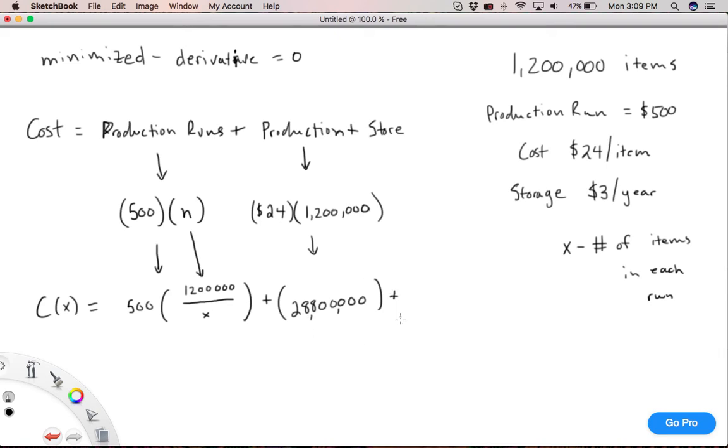And then we have to figure out how much it's going to cost to store these items. How much does it cost to store items? It's going to be $3 per year per item times the number of items that we're storing at any given time.